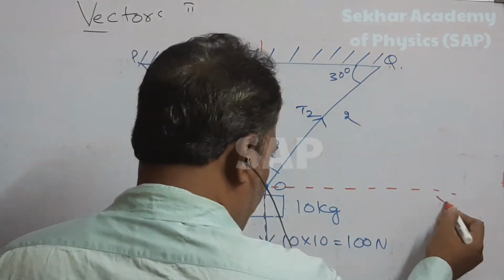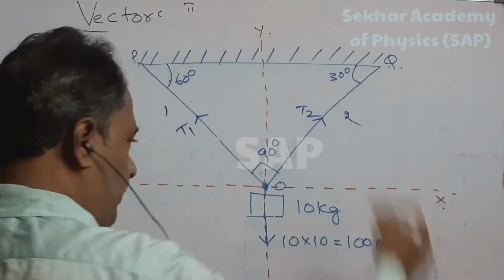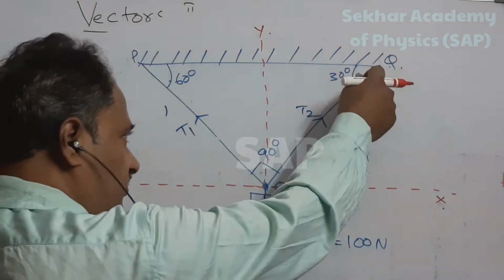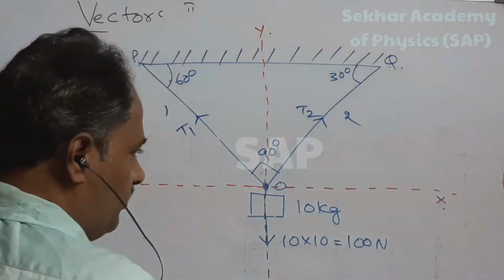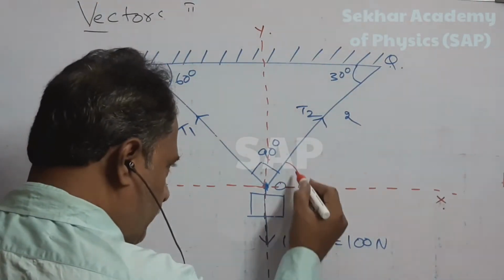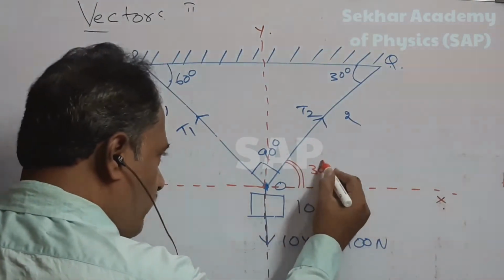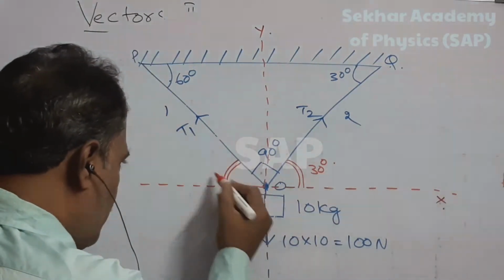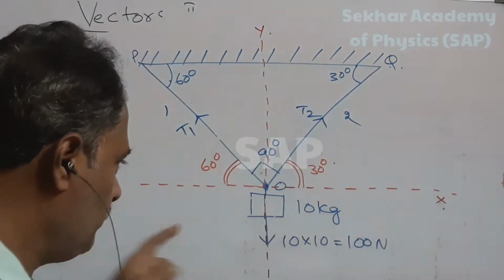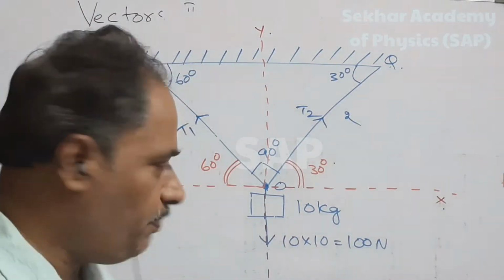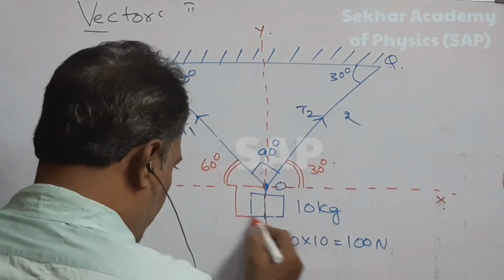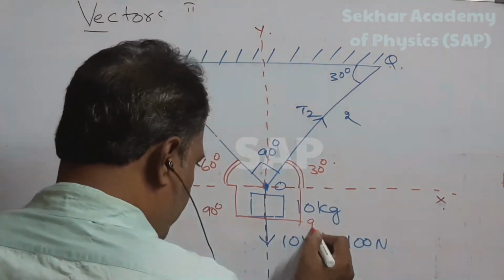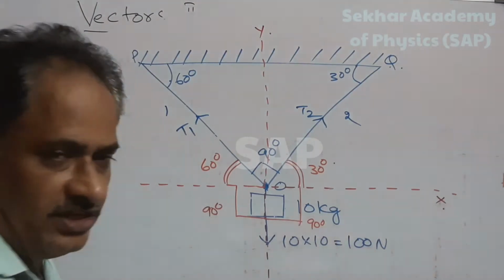Let it be OX and OY. Now, according to mathematics, if this is 30, I can consider this value also equals 30. Here if this is 60, let it be 60. Since these two are mutually perpendicular, let it be 90 degrees. Here also this angle is equal to 90 degrees.